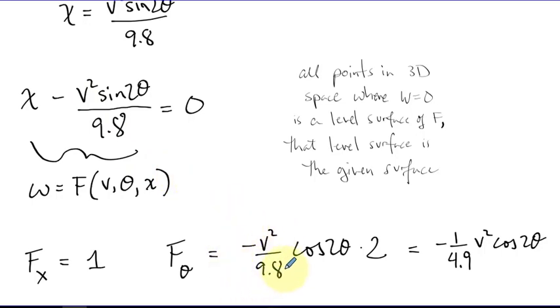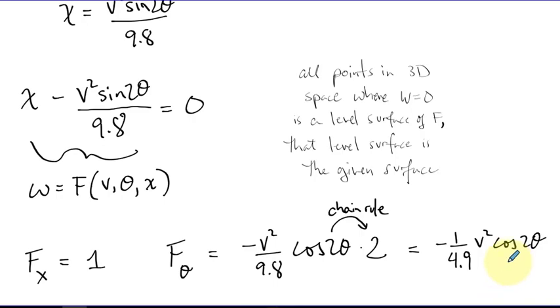That's a constant, times the derivative of sine 2 theta with respect to theta. The derivative is only with respect to theta. That's why you can see this negative V squared over 9.8 becoming a constant factor. The derivative of sine 2 theta is cosine 2 theta, times a 2 because of the chain rule. And then simplifying the 2 and the 9.8, I get this as the partial derivative of capital F with respect to theta.